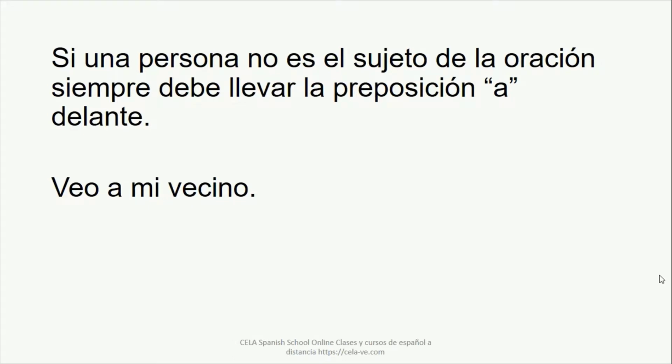The subject is included in the verb conjugation. Mi vecino, my neighbor, is a person, but he is not the subject in this sentence. The subject is yo. Therefore, we need to put the preposition a in front of mi vecino.